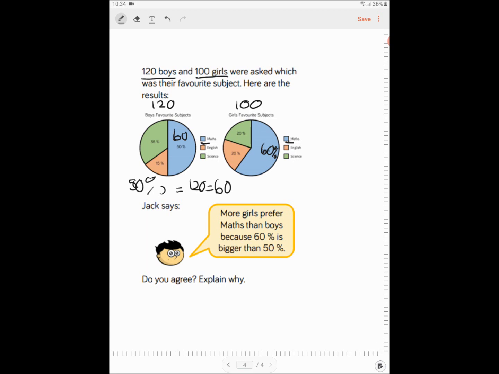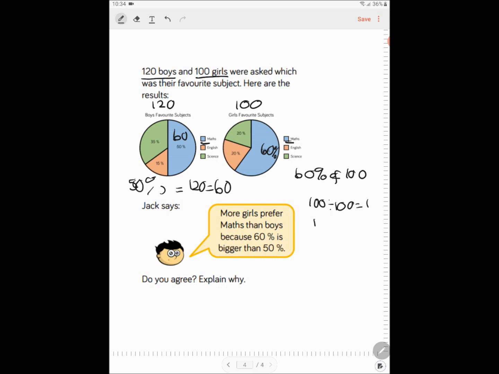Now here with the girls, we've got 60% of 100. To do that, I'm going to divide by 100 and times by 60. I could divide by 10 and times by 6 if I wanted, but I'm going to do it this way. So 100 divided by 100 gives you 1.